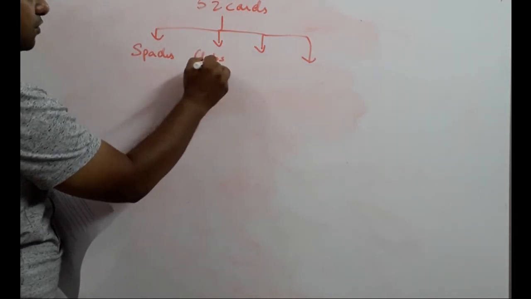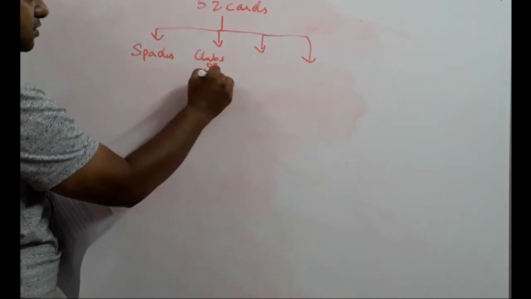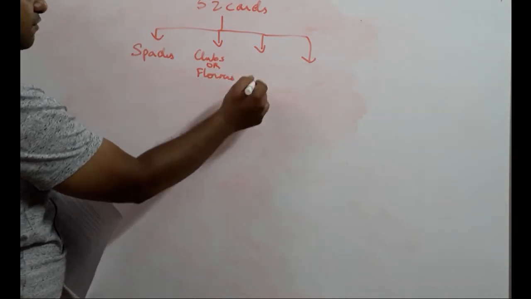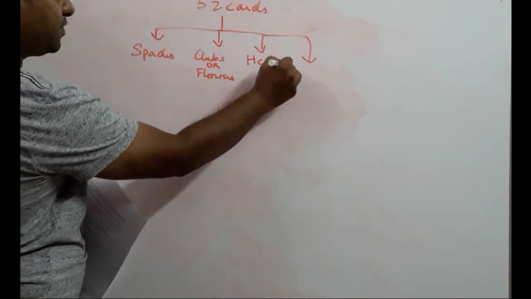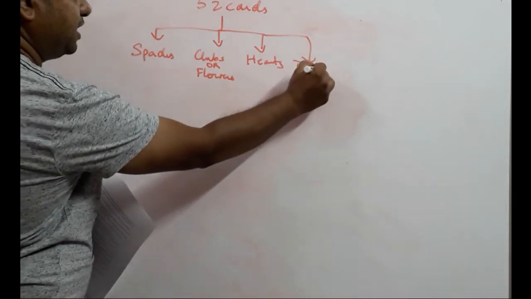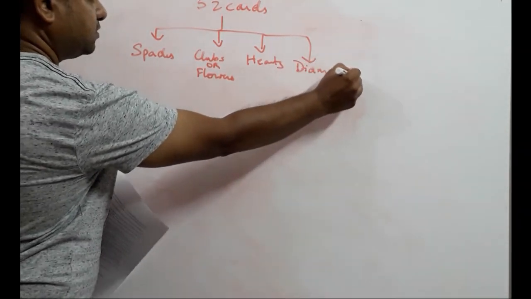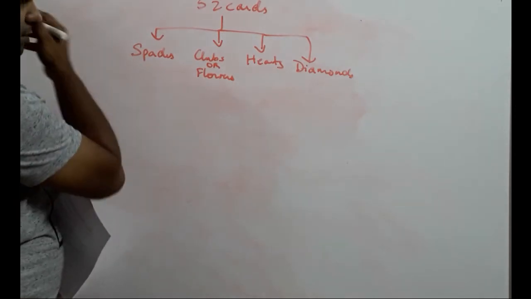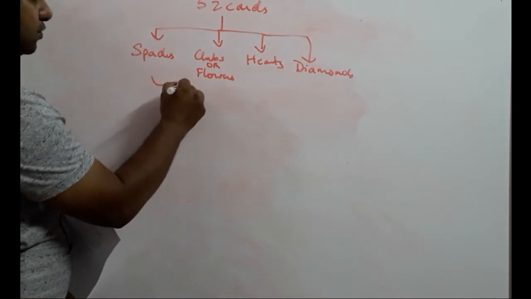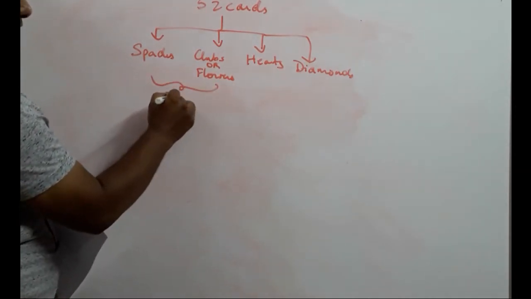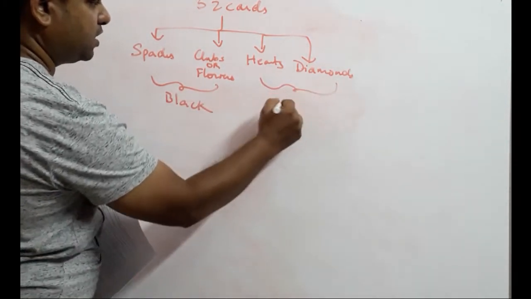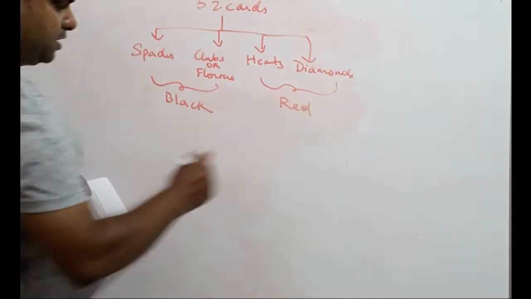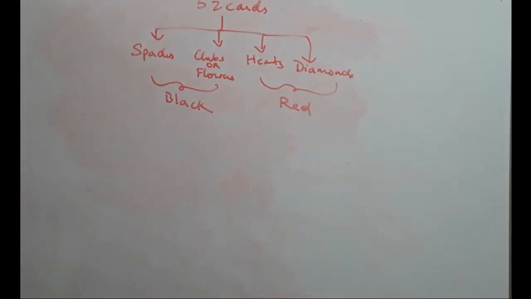Spades, clubs or flowers, some call it flowers as well, hearts and diamonds. So these two are black in color and these two are red in color.